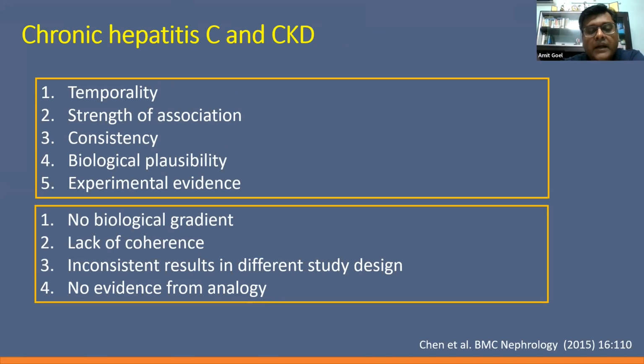There is lack of coherence, meaning the results are not consistent from all the studies. Different study designs are showing different types of results, like cross-sectional study and cohort study, and there's no evidence from analogy.